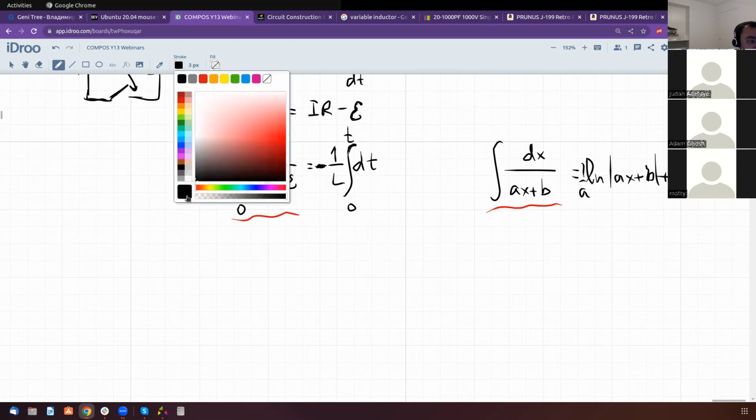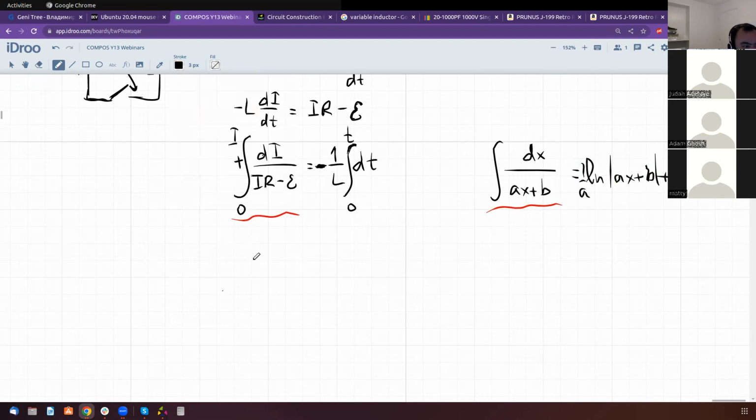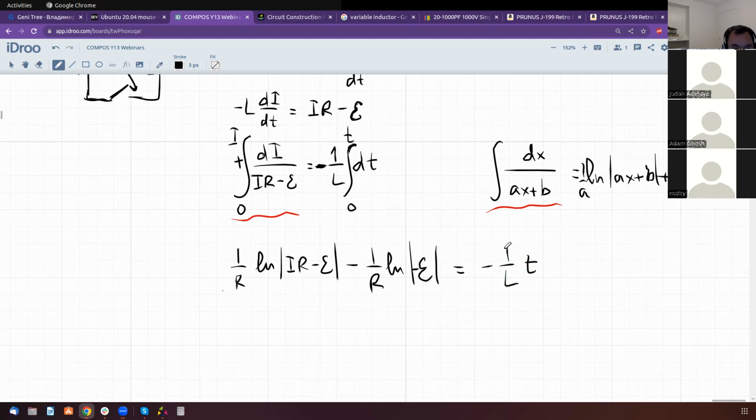And here I can do 1 over R logarithm of IR minus EMF, minus 1 over R logarithm of EMF, equals 1 over L times t.